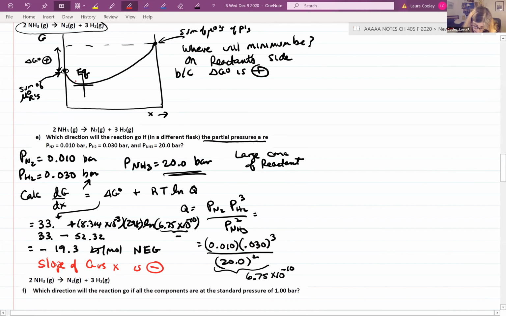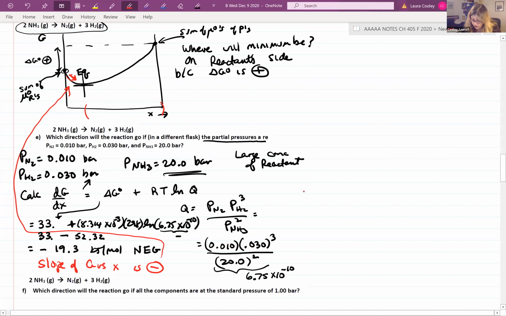This is a negative slope here, so it has to be somewhere over here. Basically, we're at the beginning of the reaction, with a very low concentration of products.